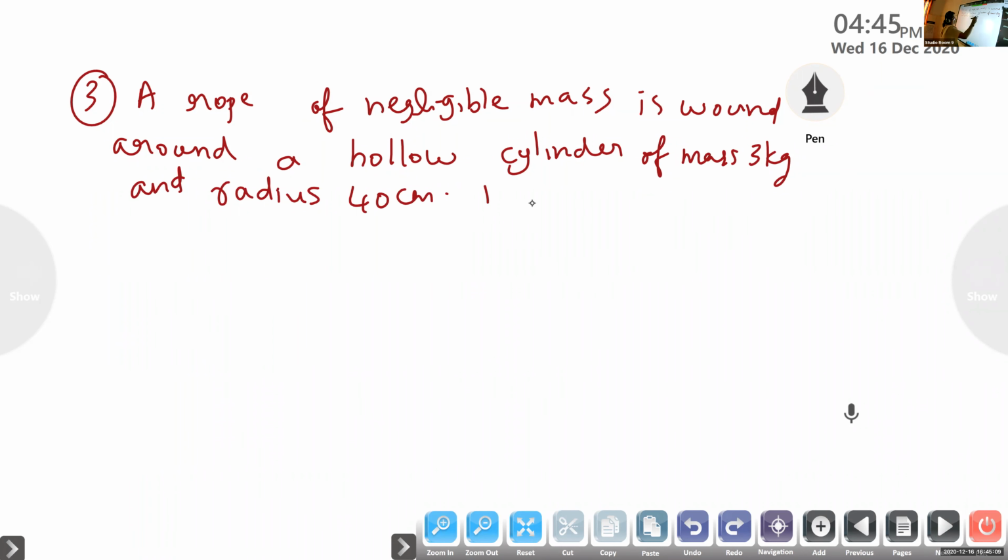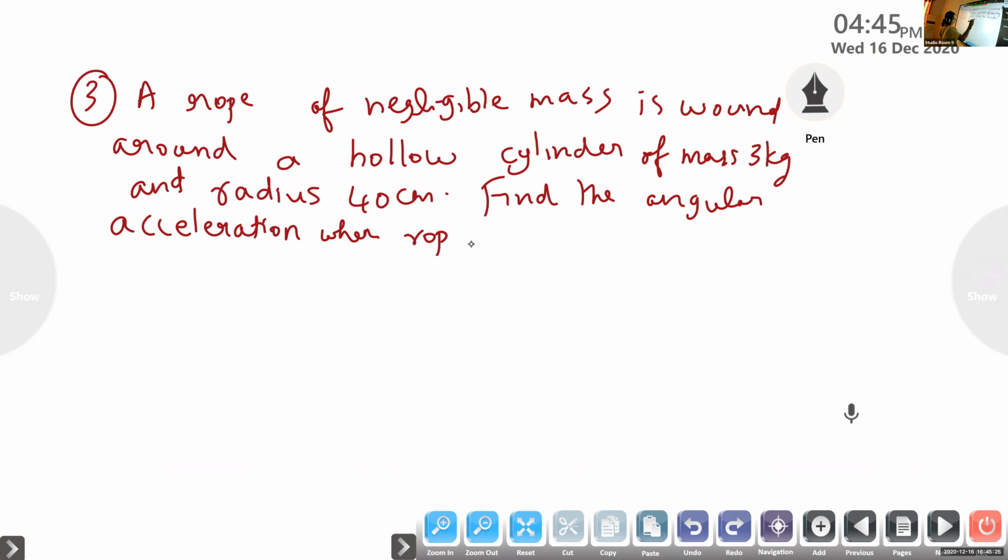Find the angular acceleration when the rope is pulled with a force of 30 Newton.